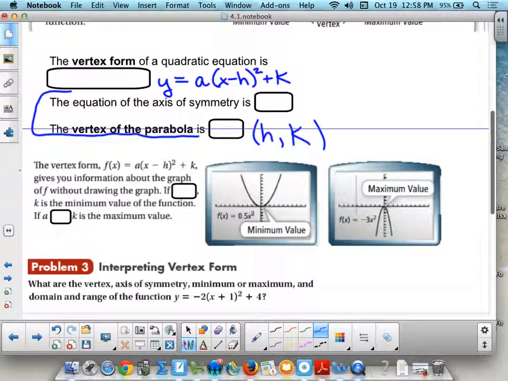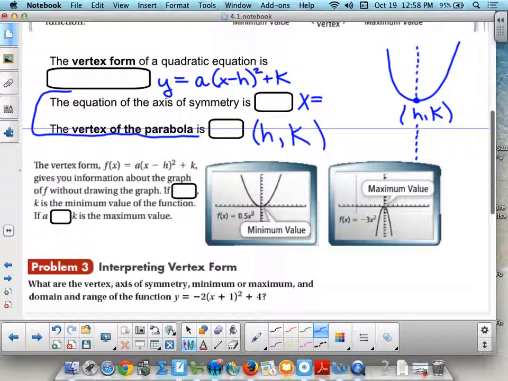The equation of the axis of symmetry would be x equals, here's (h, k). It goes right through the vertex, axis of symmetry. What is it? Plus k?